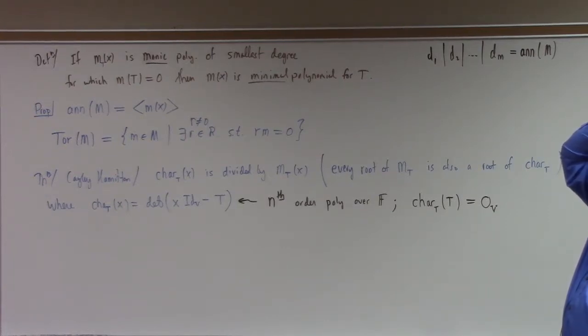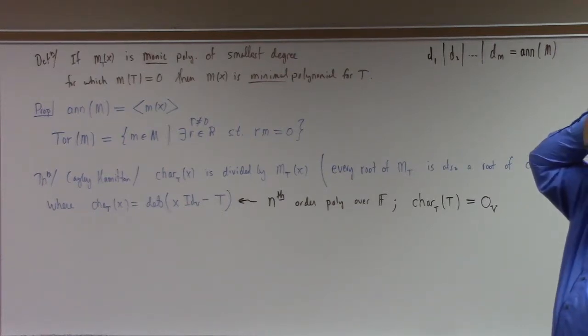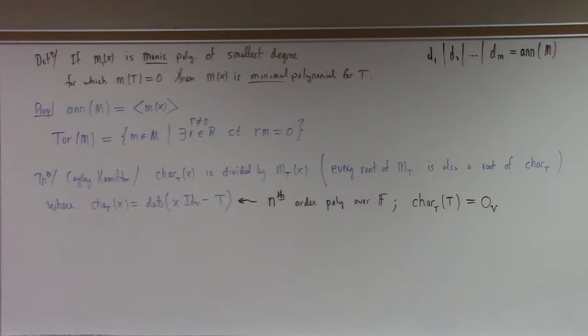He'll drop that statement, and it's kind of important because if two modules have the same annihilator chains, but they have different free parts, they're not isomorphic, right? It needs both the free part and the torsion part to match up. But anyway, so the annihilator is that, right?